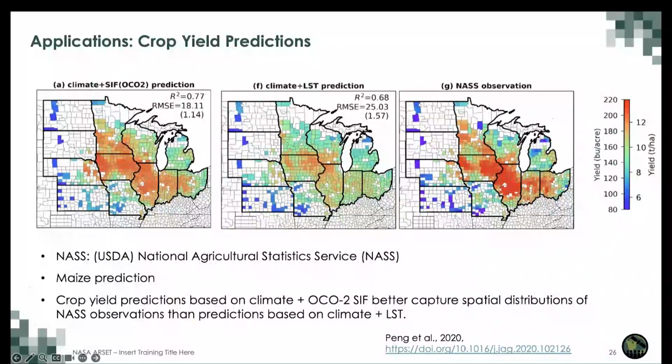Comparing these three plots, you can see that the SIF-based prediction better captures the spatial distribution of the observation than the prediction only based on the climate. So this really shows the promise of generating low latency crop yield prediction based on SIF products from OCO-2.